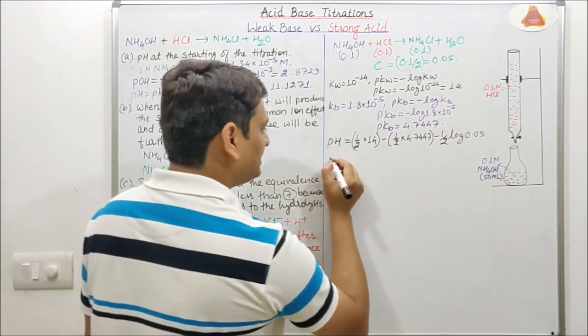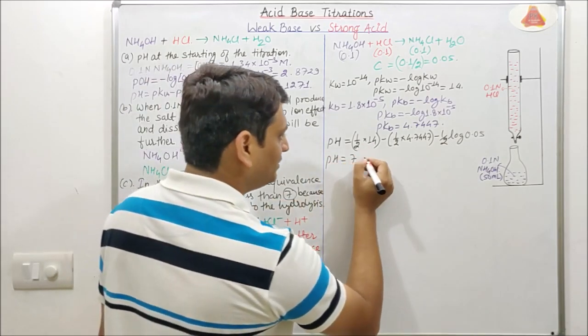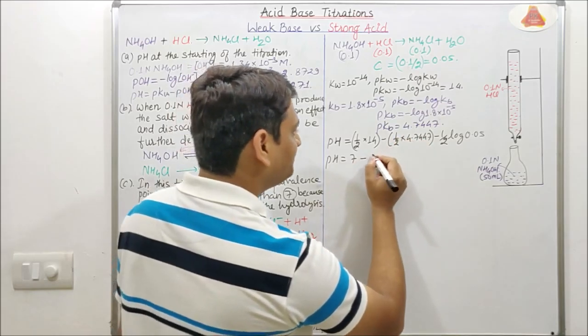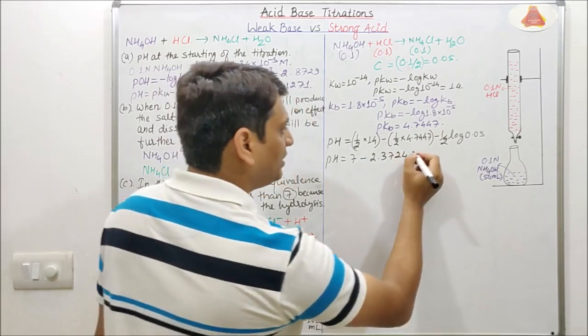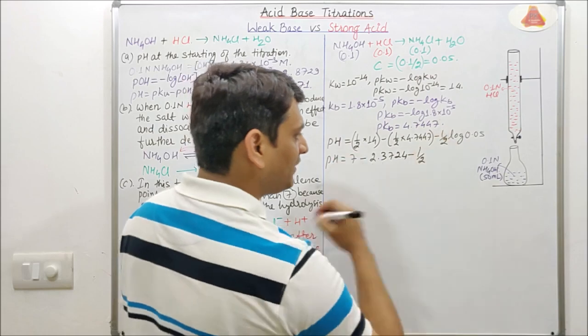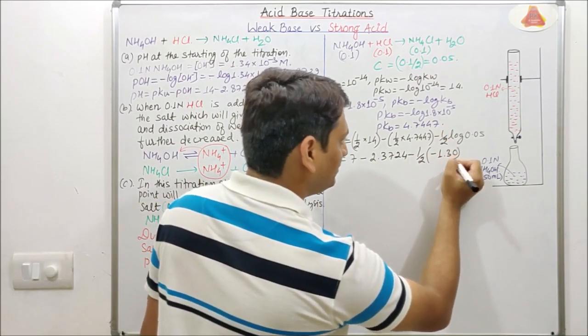So we will solve this equation. So pH is equal to half 14 is equal to 7 minus half 4.7447 is equal to 2.3724 minus half log 0.05 is equal to minus 1.30.